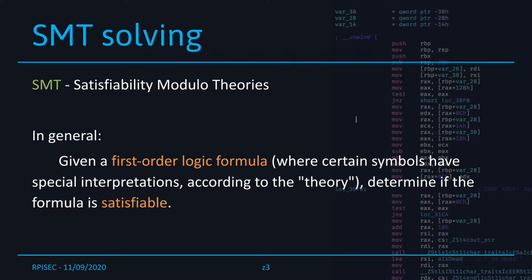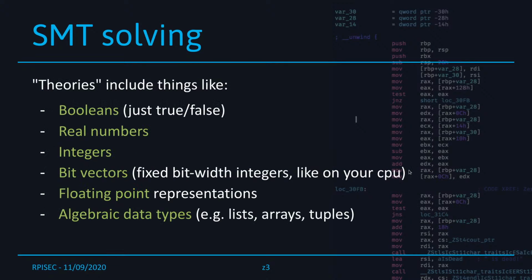And then we're going to try to find some way, using this SMT technique, to come up with concrete values that satisfy that formula. And Z3 is going to help us do that.